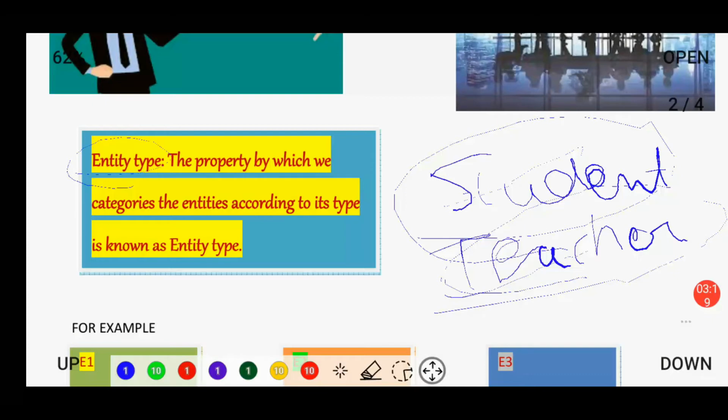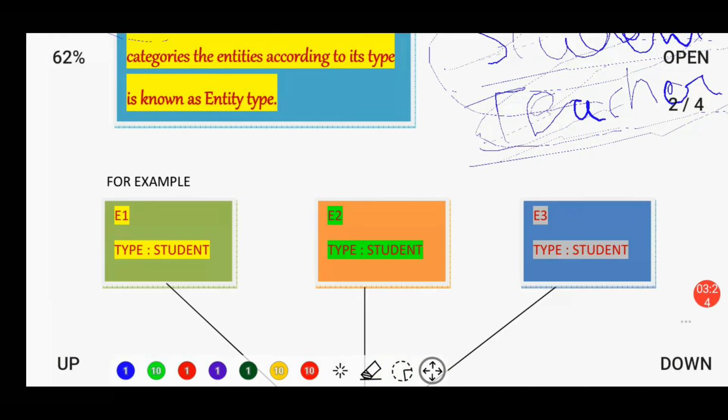So these are the two entity types in a class group. First one is the student and second one is the teacher.